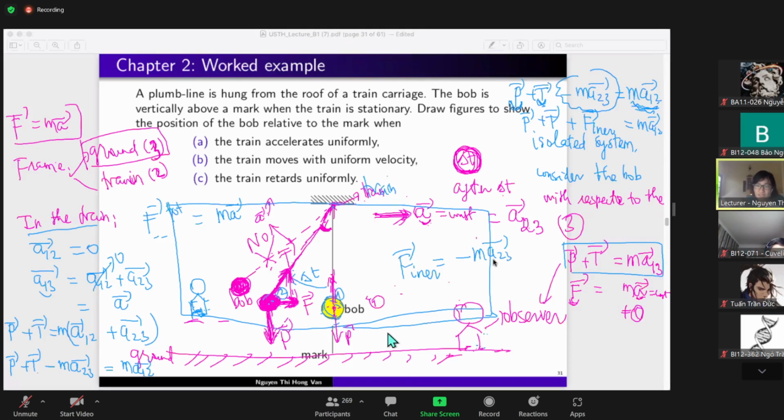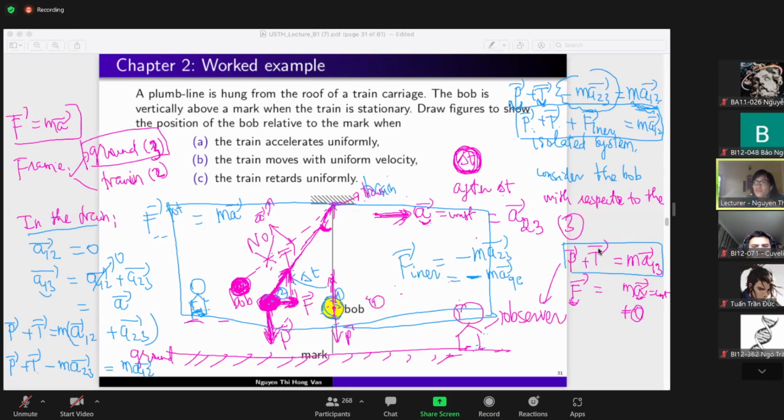So the acceleration of the train, equal to minus M A of the frame, minus sign, remember. So what does this equation mean? This equation tells us that if the observer is on the train, then the forces acting on the bob will be the gravitational force and tension as usual.